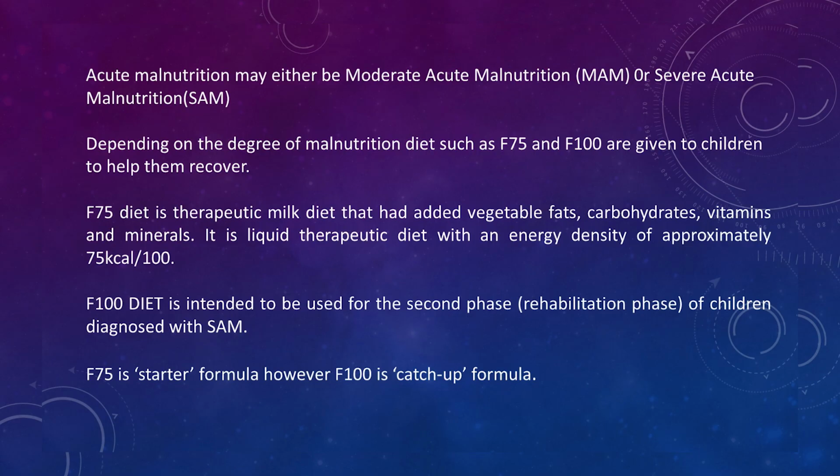After the diagnosis, depending on their degree of malnutrition, the treatment and diet are given to them. Initially they are given the F75 formula, and later on the F100 formula is given to help these children recover faster. Now, what is F75? F75 is a therapeutic milk diet with added vegetable fats, carbohydrates, vitamins and minerals.